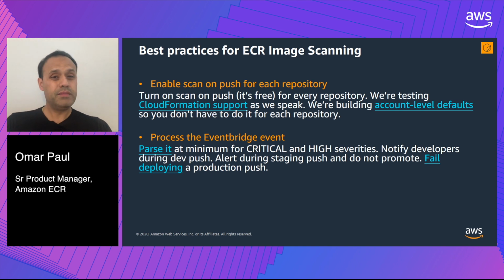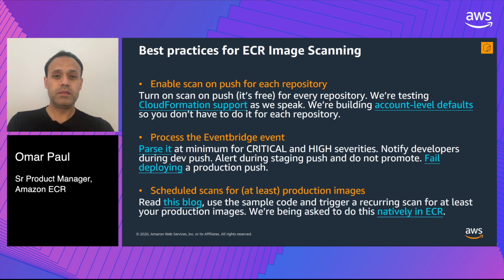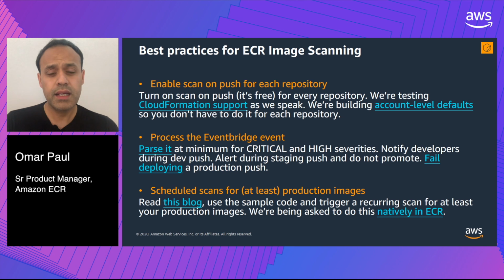And the third one I'd like to talk about is rescanning, or scanning out of schedule. Images that you deploy from your production repos should be rescanned at least once a week. We are being asked to do this natively in ECR, and please +1 the linked issue if you like this idea.